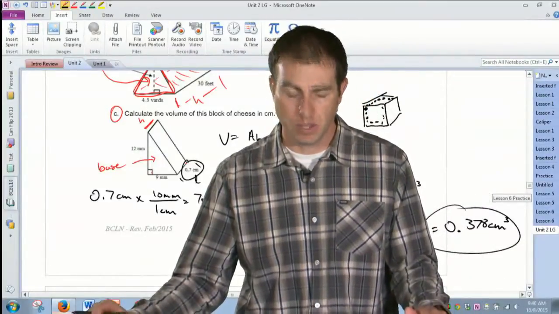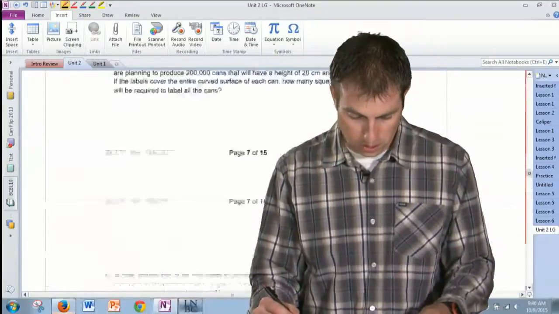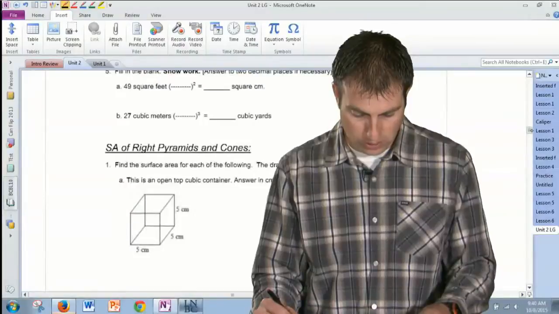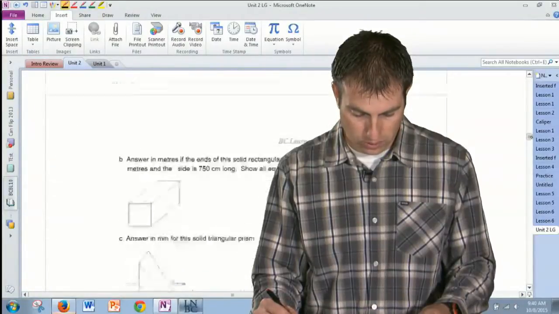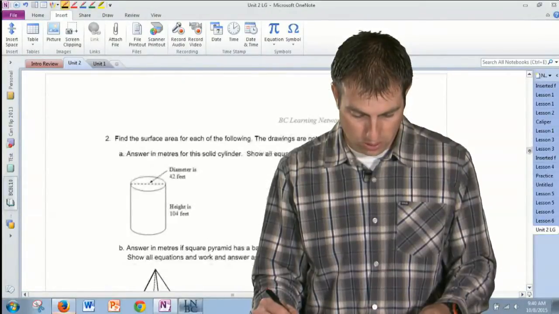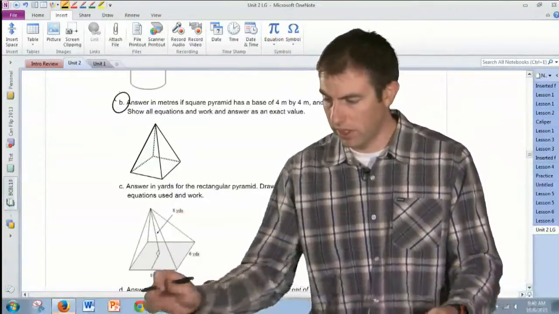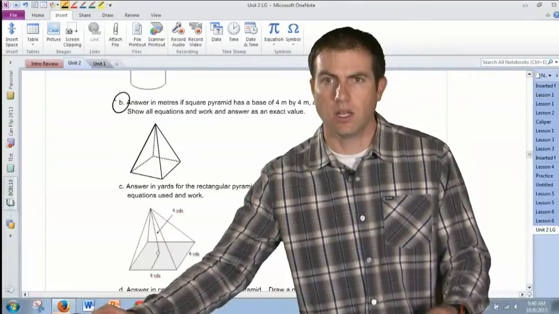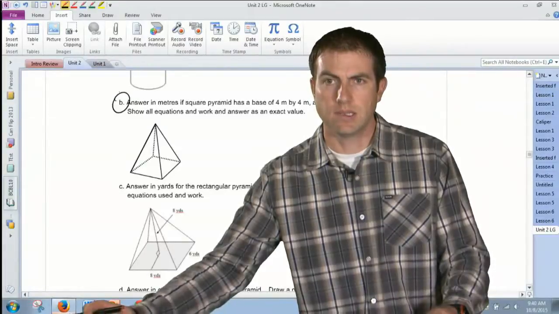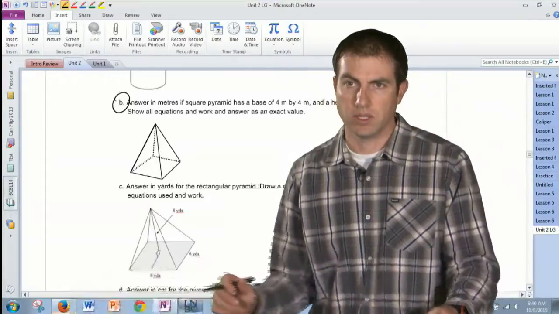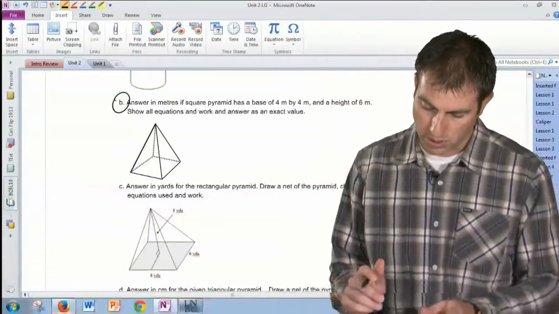Surface area of right pyramids and cones, 2B. Surface area of right pyramids, cones, there's 1, 2B. Is that the one we were looking at, Savannah? And then number 6 of the one above I just did, okay.